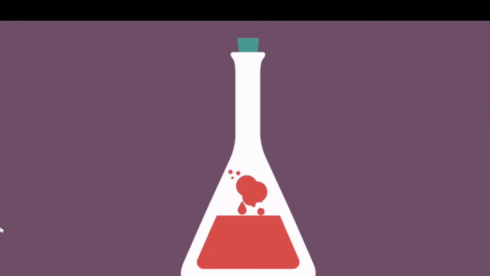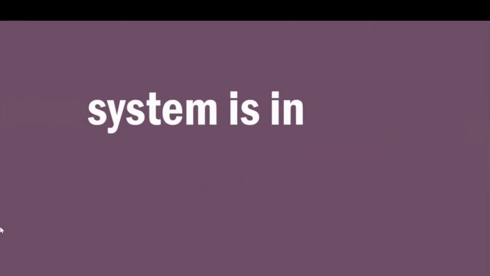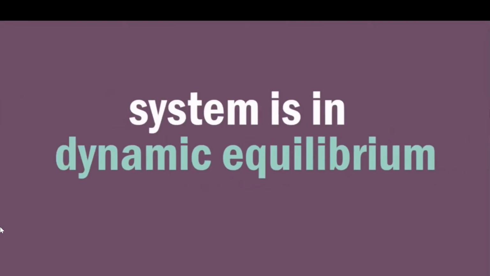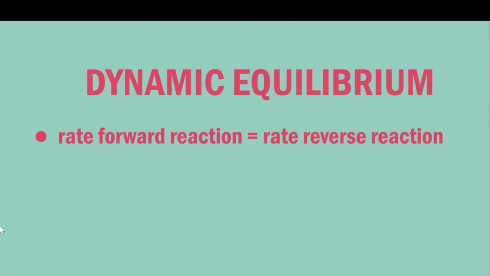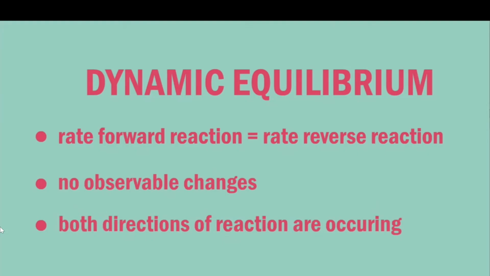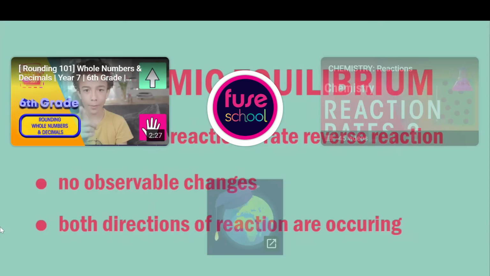Since these two processes are occurring simultaneously at the same rate, there is no observable macroscopic change, but the system is in fact in dynamic equilibrium. In summary, a chemical system is said to be at equilibrium when the rate of the forward reaction is the same as the rate of the reverse reaction. There are no observable changes, but both directions of the reaction are occurring, so it is a dynamic equilibrium.